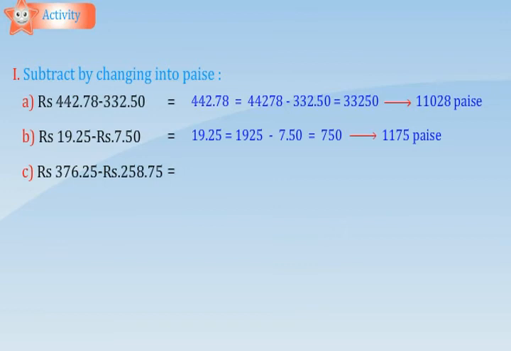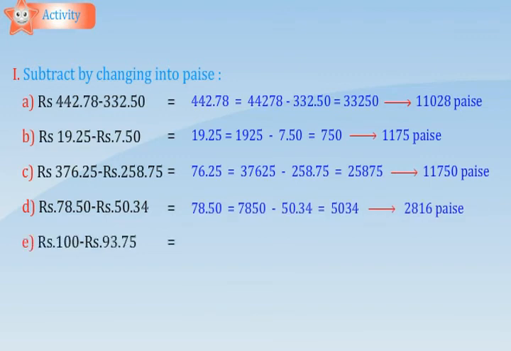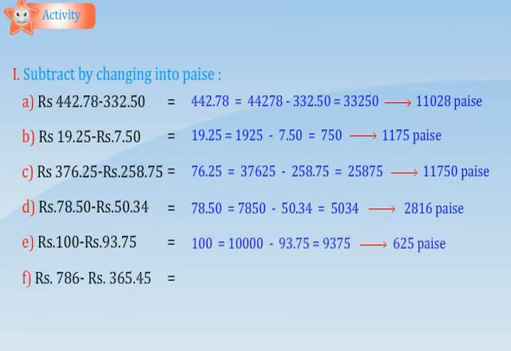Rupees 376.25 minus rupees 258.75. Rupees 78.50 minus rupees 50.34. Rupees 100 minus rupees 93.75. Rupees 786 minus rupees 365.45.